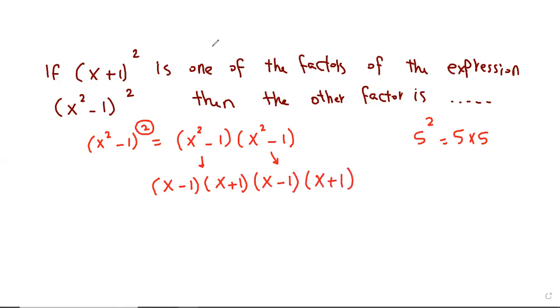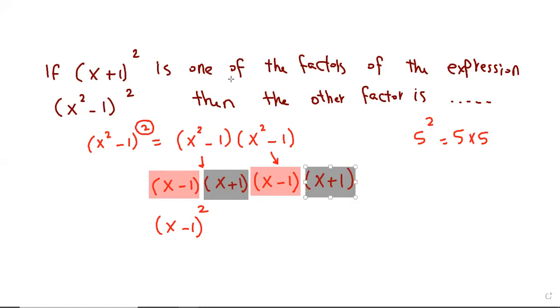As you see here, we have x minus 1 multiplied by x minus 1. So we can write instead of that x minus 1 all to the power of 2. And also we have x plus 1 multiplied by x plus 1. So we can write it as x plus 1 all to the power of 2.